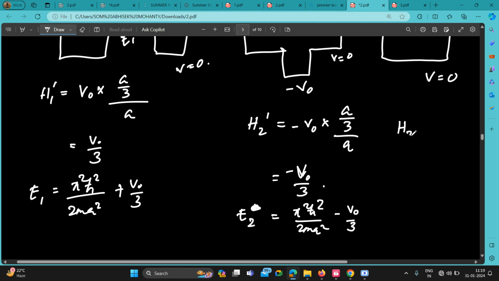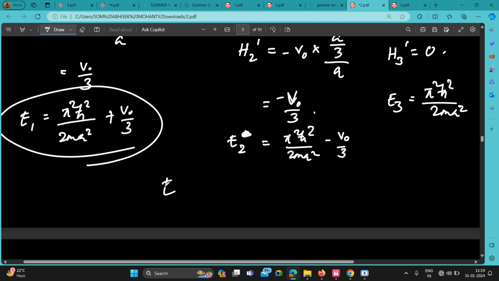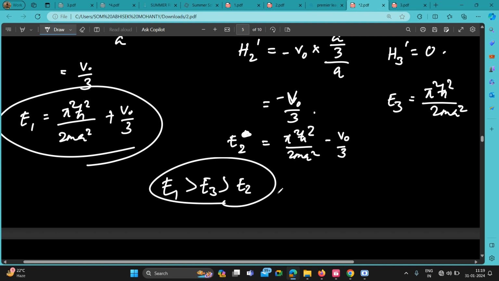Okay, now H3 dash is 0. There is no perturbation, right? So E3 will be simply pi square h cut square by 2ma square. So which is the greater one? This is the greater one. E1 is greatest, then E3, then E2. So E1 is greater than E3. Okay.